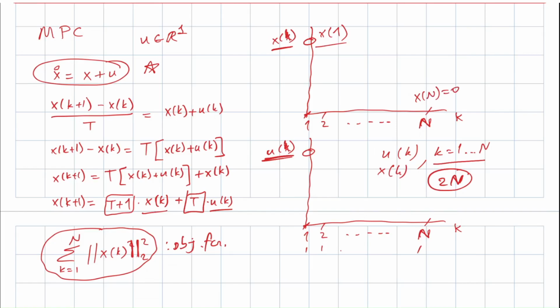These are two constraints. And maybe you'd like to impose u minimum and u maximum, each data point of your whole input trajectory being limited.